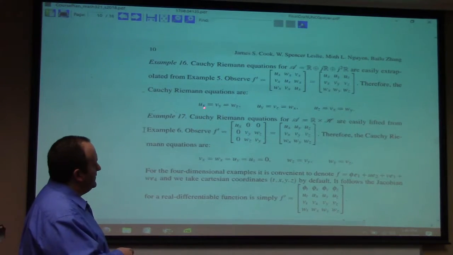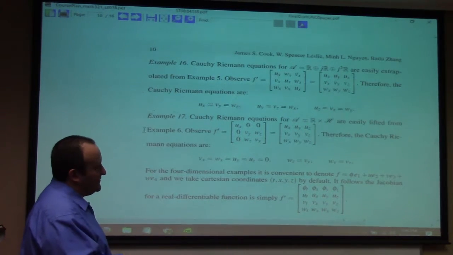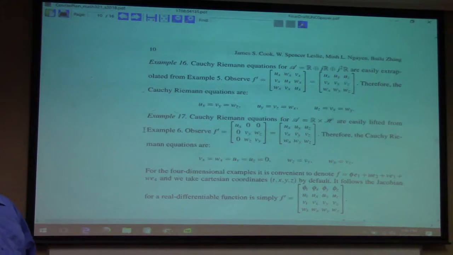So if you look at it, there's 1, 2, 3, 4, 5, 6 Cauchy-Riemann equations for the 3 hyperbolic numbers. If you do the counting, it makes sense. So the regular representation is 3-dimensional for H3. And to say that the Jacobian matrix is in the regular representation is to say it's in the subalgebra of the 3x3 matrices, which corresponds to the 3 hyperbolic numbers.